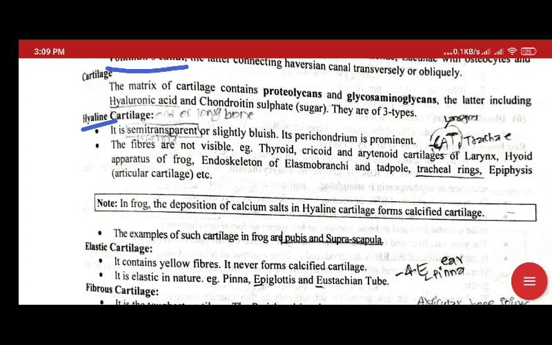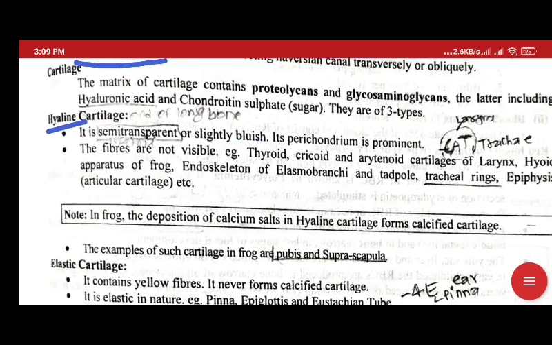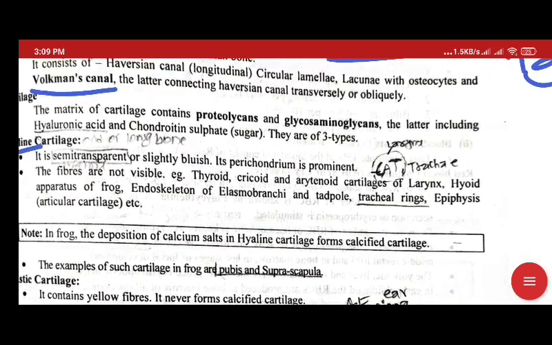The other term is semi-transparent. We can view through it, so it is semi-transparent or slightly bluish in color. Now its examples are mostly asked. That example trick is CAT. You should remember, CAT means cartilage, T for trachea, and Ca for what?